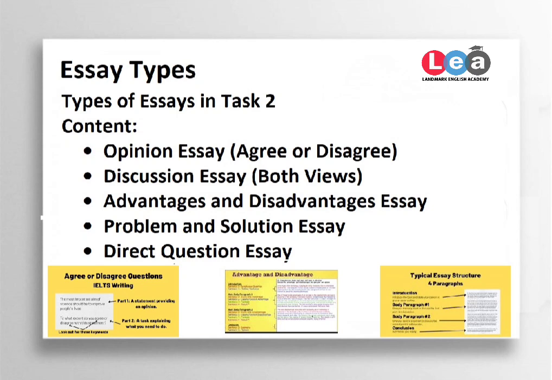For example, the statement is, obesity is increasing day by day in youngsters. What problem is it causing and how can it be resolved? Similarly, they can ask what are the causes behind it and how it is affecting the youngsters.